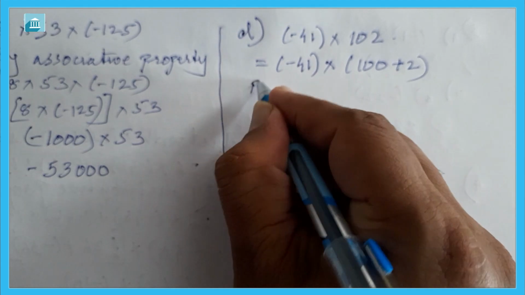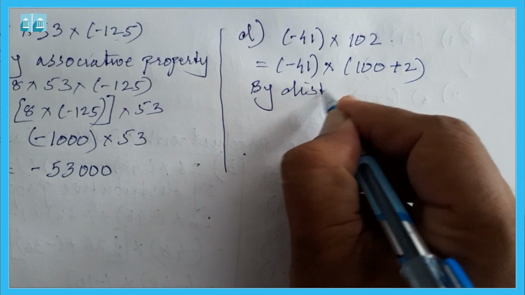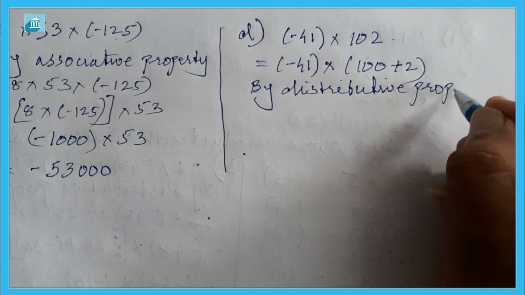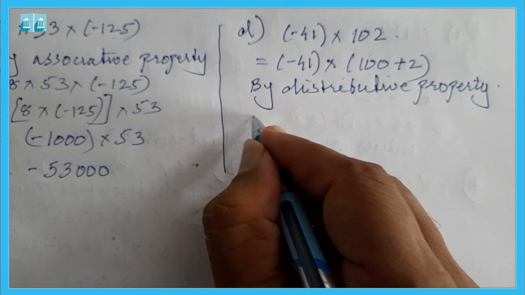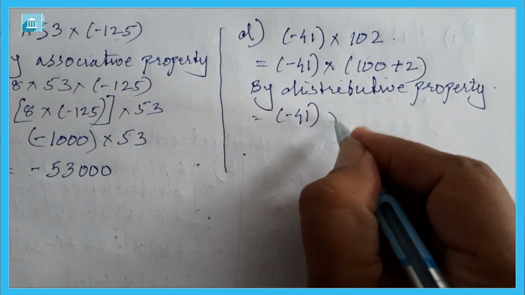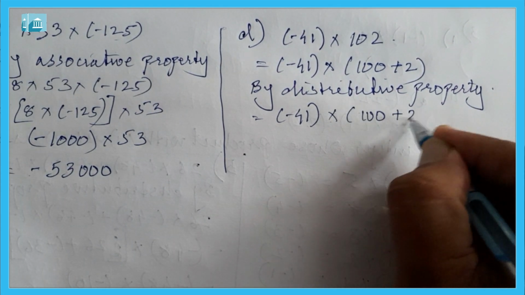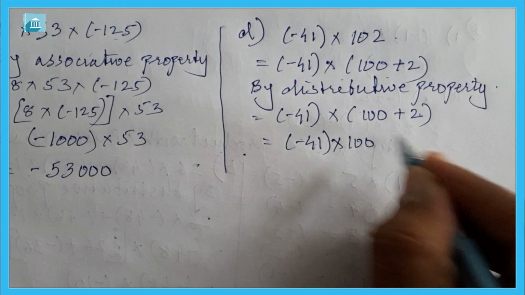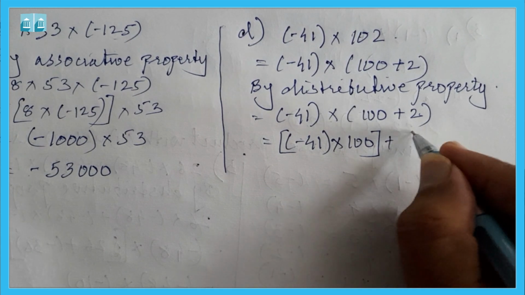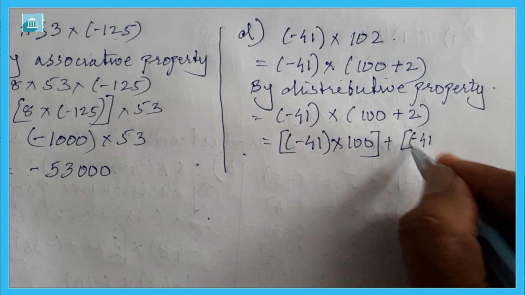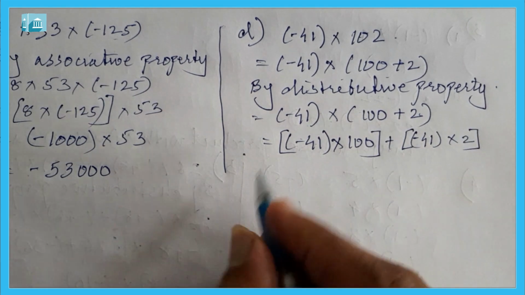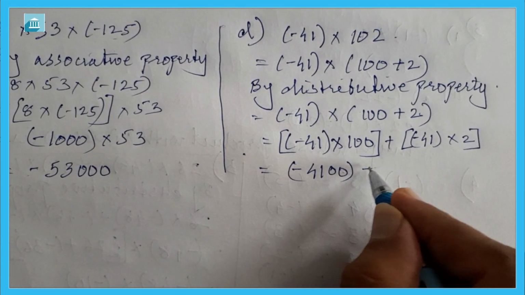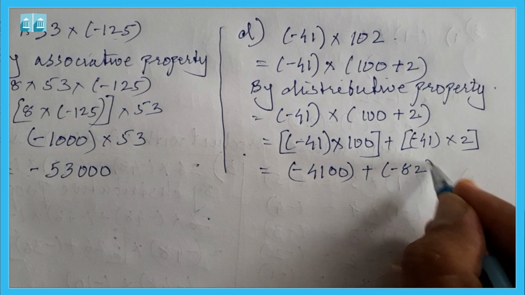So again by the distributive property, we can say this will be minus 41 into 100 plus 2, which is equal to minus 41 into 100 plus minus 41 into 2, which is minus 4100 plus minus 82.